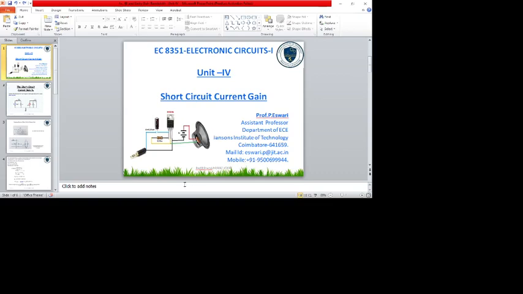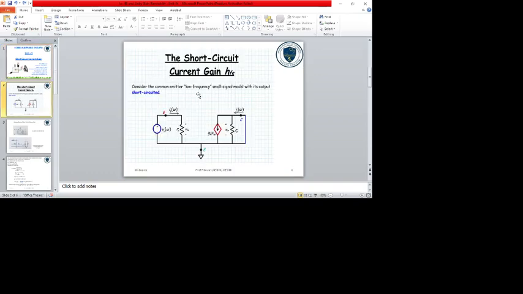So good morning students. Today we are going to see the short circuit current gain factor in unit 4. When we are talking about the amplifier's response, we can analyze the same under low frequency mode and high frequency mode.